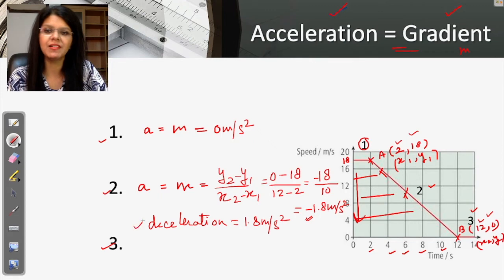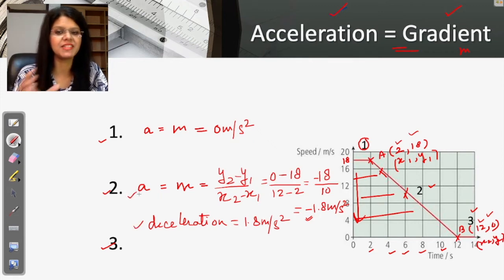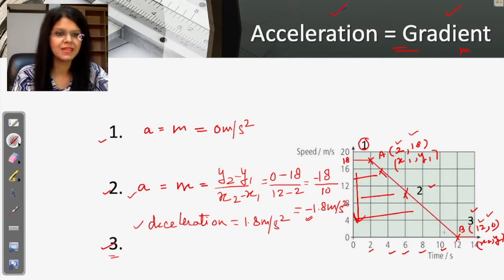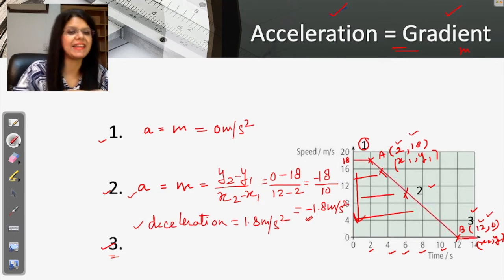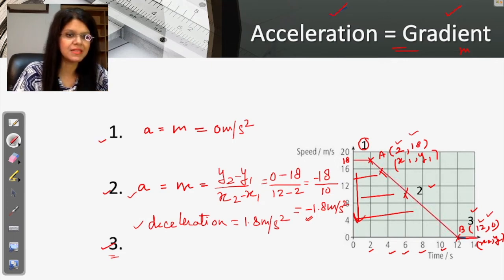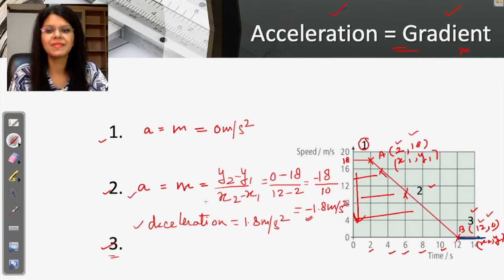I've explained how to write the acceleration and deceleration in the previous lesson on acceleration. Let's come to the third part of the graph. The third part is again a straight, flat line.